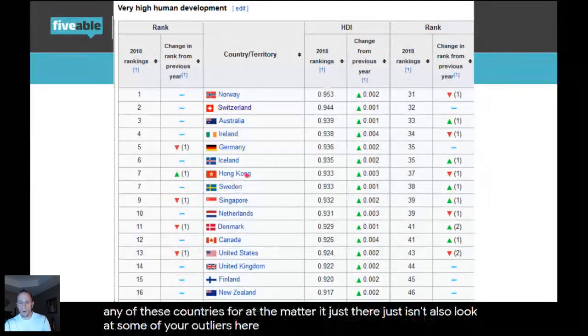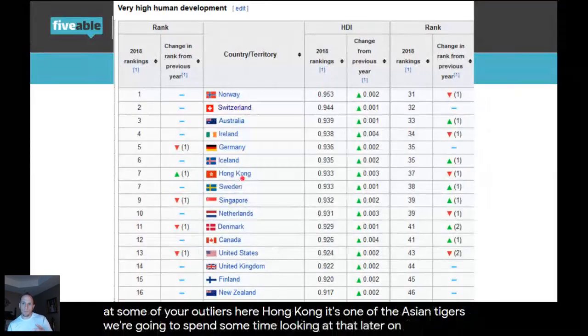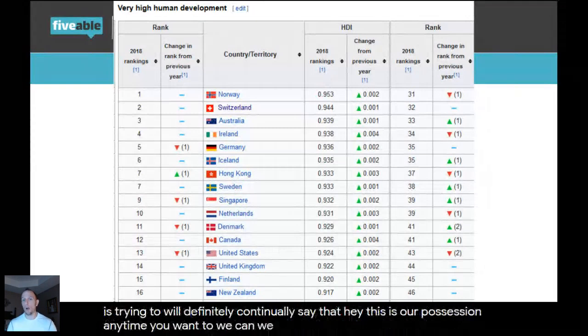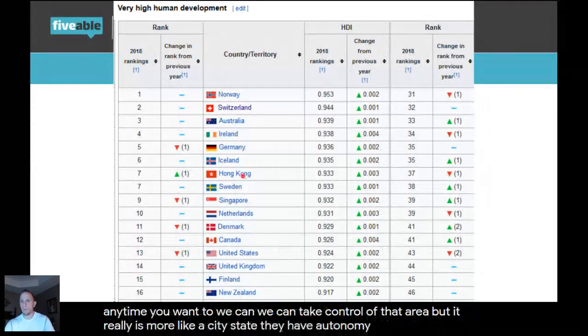And also look at some of your outliers here. Hong Kong, it's one of the Asian tigers. We're going to spend some time looking at that later on. It is part of China. China will definitely continually say that, hey, this is our possession, and anytime we want to, we can take control of that area. But it really is more like a city-state. They have autonomy. They govern themselves.